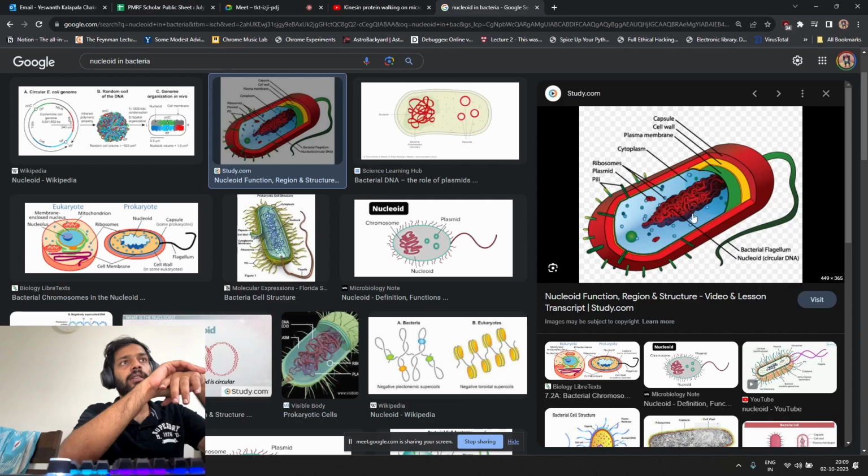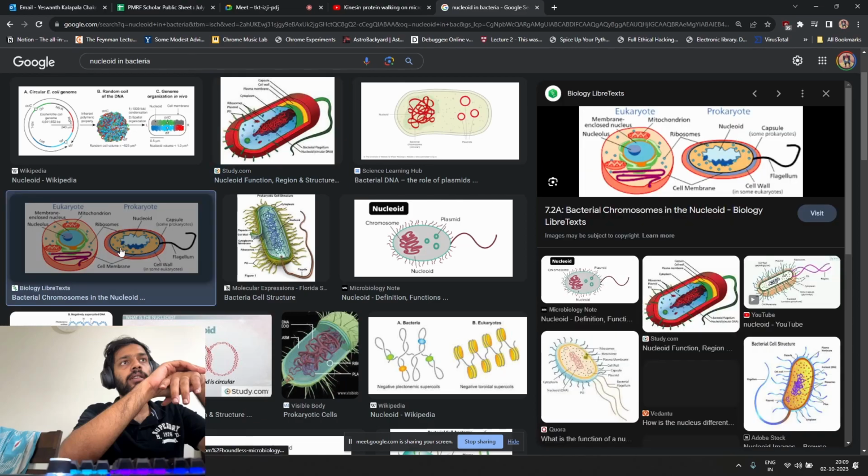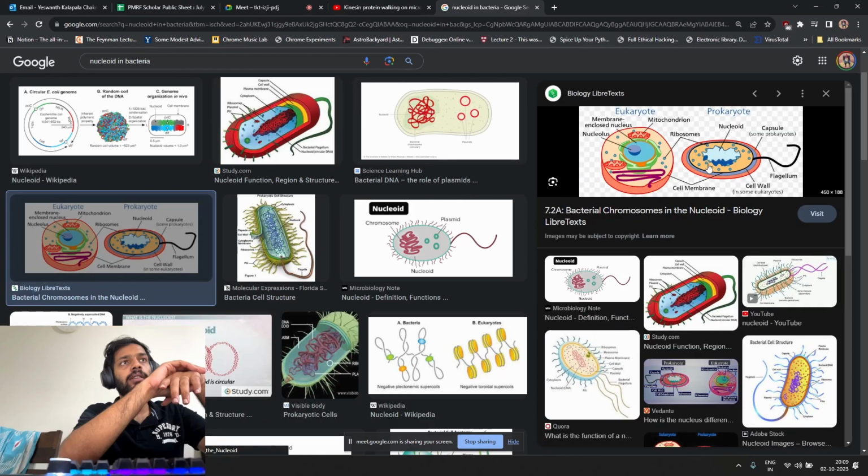It's called a nucleoid. Whereas eukaryotes have a nucleus, a very well-defined membrane-like structure. Yeah, I guess this is a much better example. So this spatial region where the genetic material is present in a condensed form in prokaryotes is called a nucleoid, but eukaryotes have an actual nucleus that is membrane bound, with several other differences.